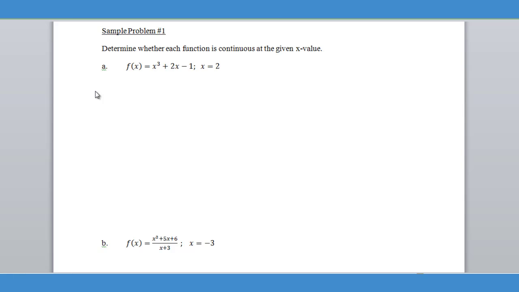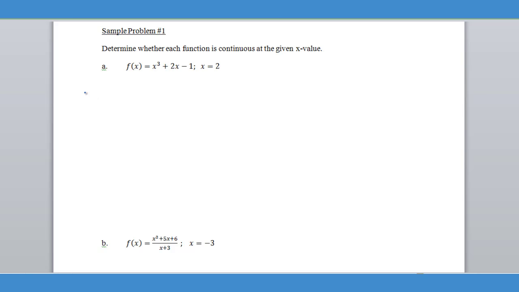Okay, so I'm going to start with our first test of continuity, and that's to determine if the function is defined at the value. Here we have a cubic function, and we want to see if it's defined at x equals 2.